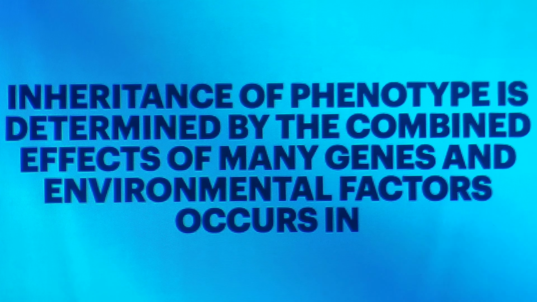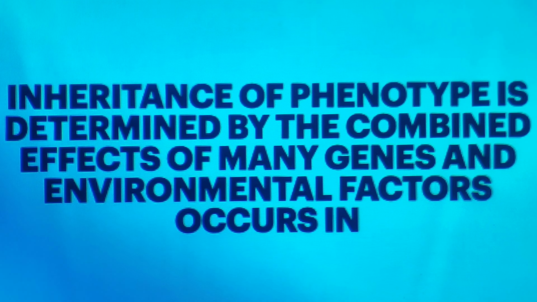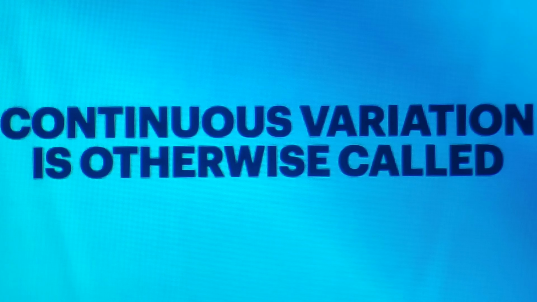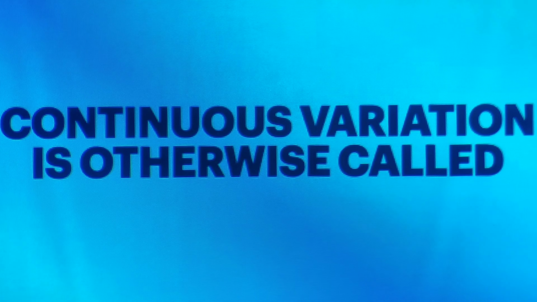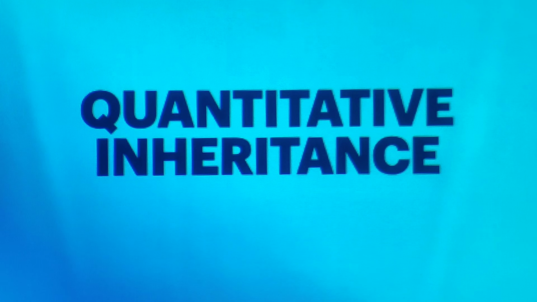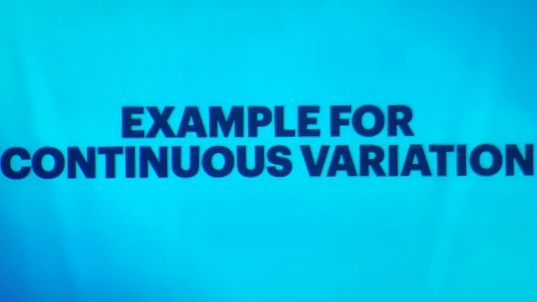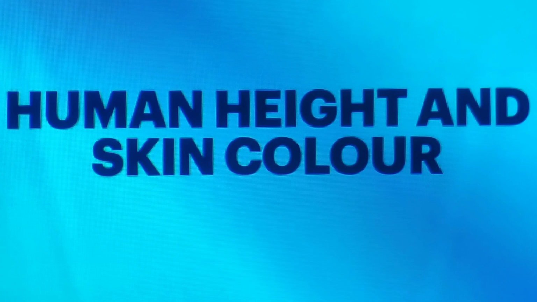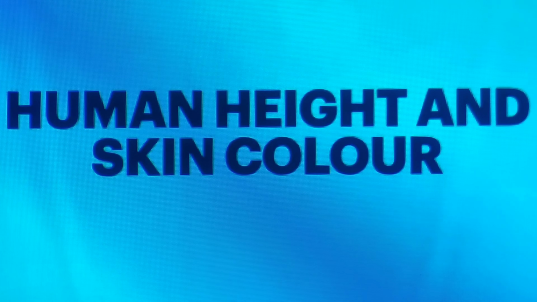Inheritance of phenotype is determined by the combined effects of many genes and environmental factors occurs in continuous variation. Continuous variation is otherwise called quantitative inheritance. Example for continuous variation: human height and skin color.